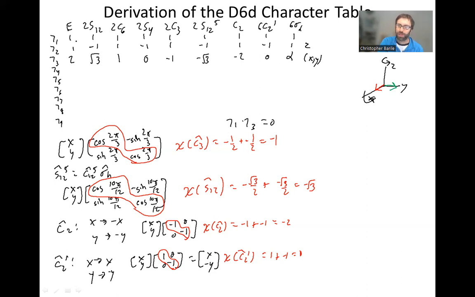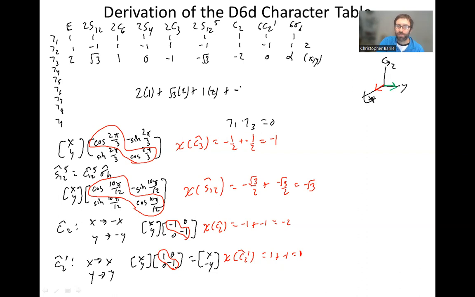It's 2 times the number of operations in each class, plus root 3 times the number of operations in the class, etc. So we're going to get 2 times 1 operation in the symmetry class, plus root 3 times 2, right? 1 times 2 plus 1 times 2 plus 0 times 2. Not even going to write that one because it's 0.